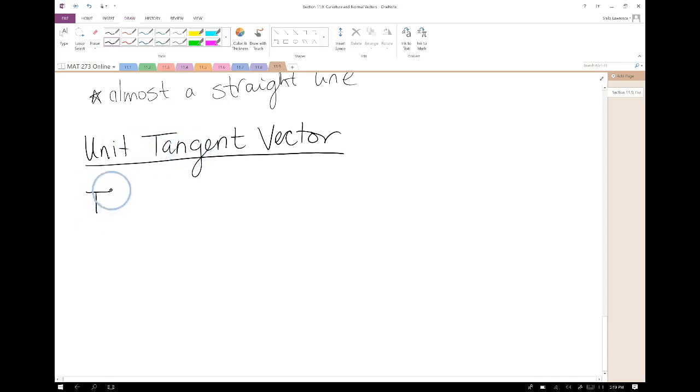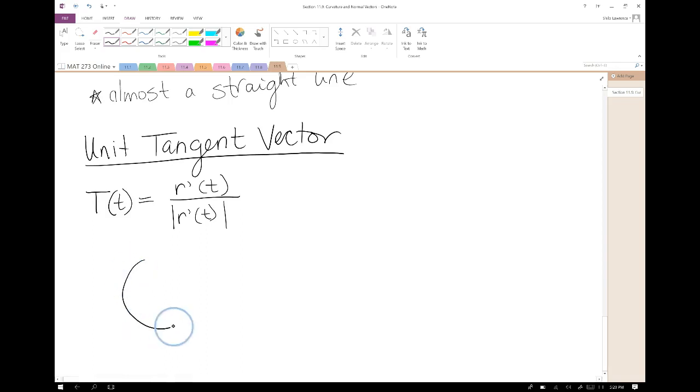So the unit tangent vector, which is capital T, and it's a function of time, so I've got a little t in parentheses, we can calculate by calculating the magnitude. We do r prime of t, because we know r prime of t represents velocity, but it also represents a tangent vector. And then anytime we divide a vector by its magnitude, it changes it into a unit vector. So this is our unit tangent vector.